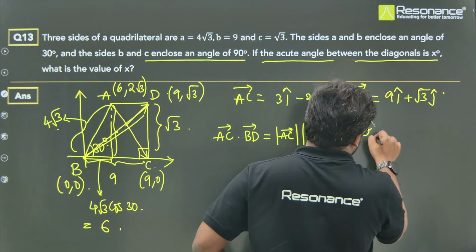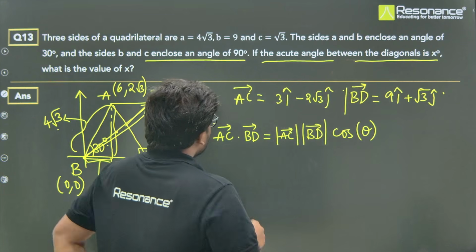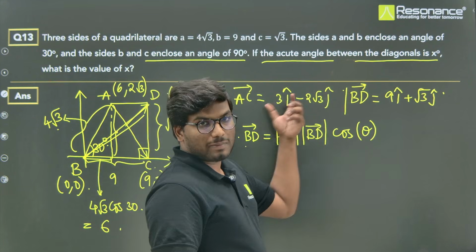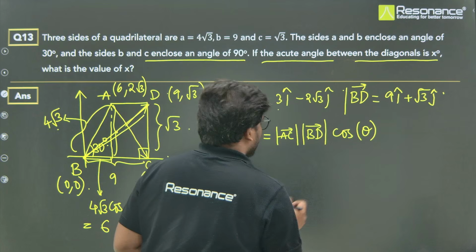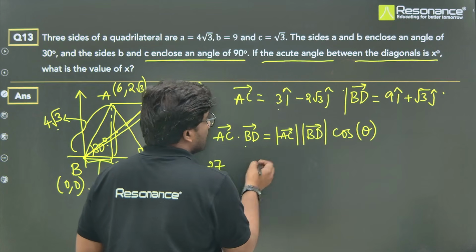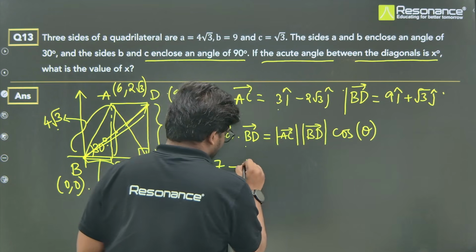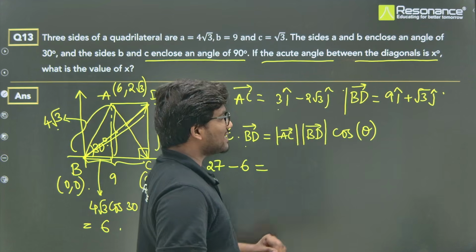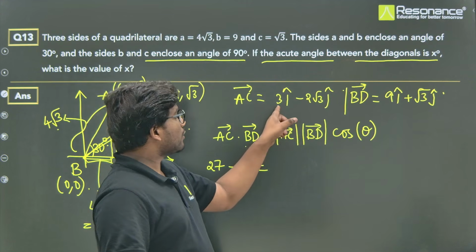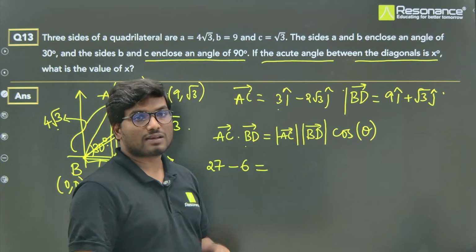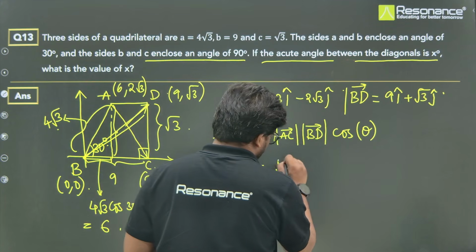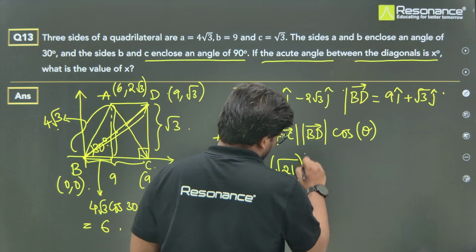So AC bar dot BD bar is what? 3i, 9i, 27, minus 2 root 3 into root 3 is minus 6. Mod AC bar is root 9 plus 12, which is root 21.